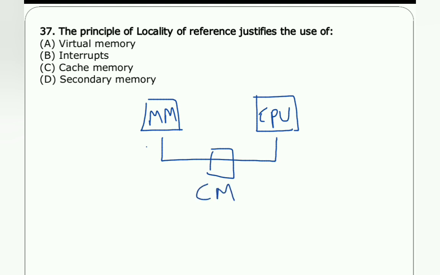In the cache memory, we place the frequently accessed programs, so that there is no need of going and searching in main memory for the frequent executions. The CPU will keep them in the cache memory. Okay. So the principle of locality of reference means it will store the frequently used programs in the cache memory. So the answer is the cache memory.